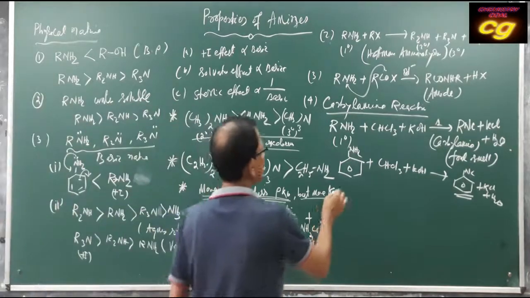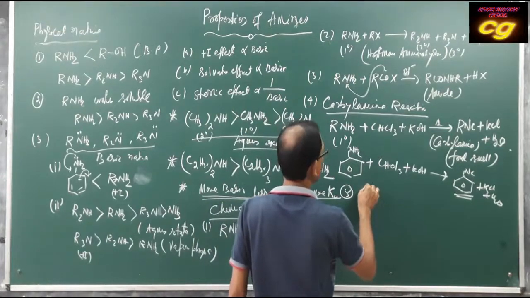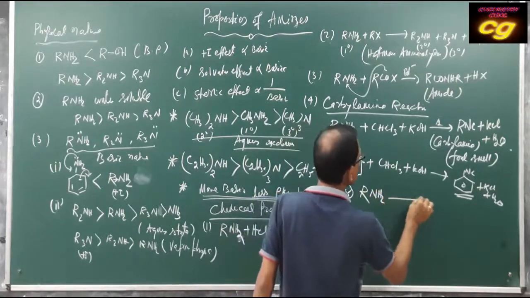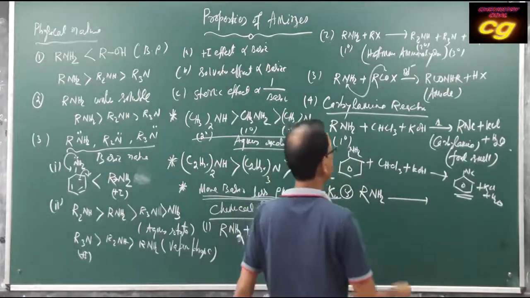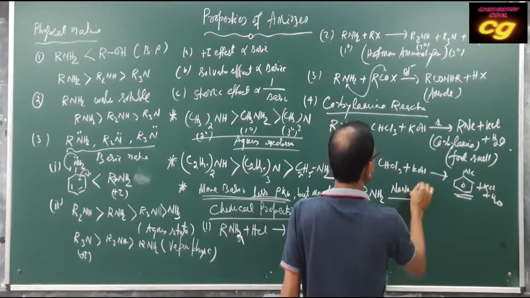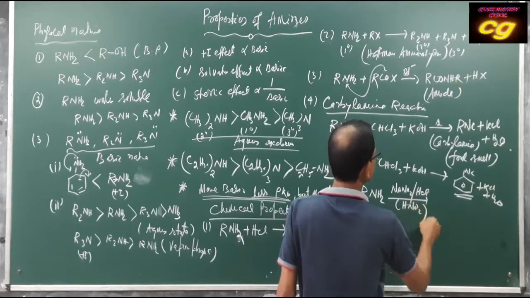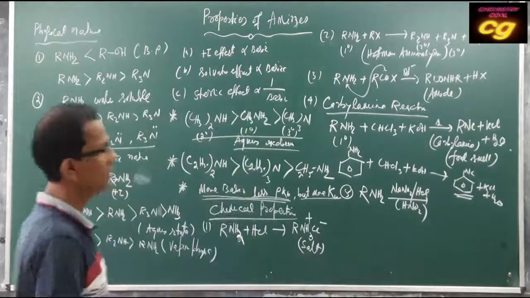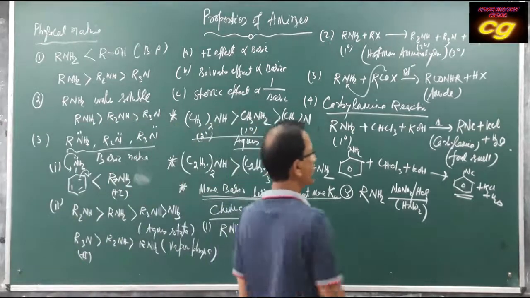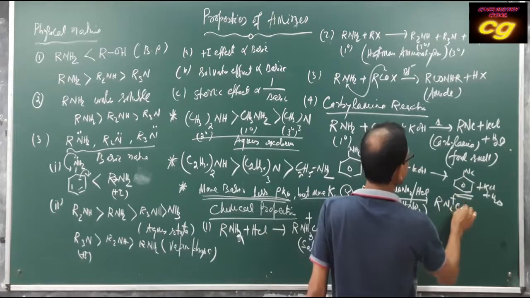Amines also undergo diazotization when RNH2 reacts with sodium nitrite and HCl, that you can say nitrous acid. When you add nitrous acid, that is sodium nitrite and HCl, it will produce diazonium salt RN2+ Cl minus.